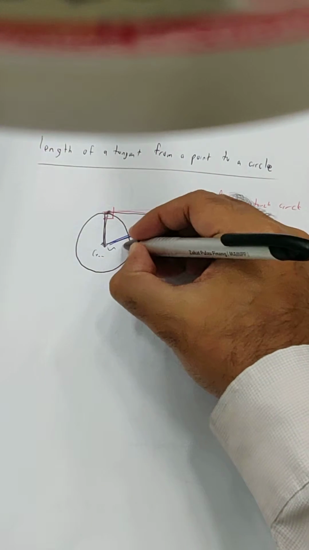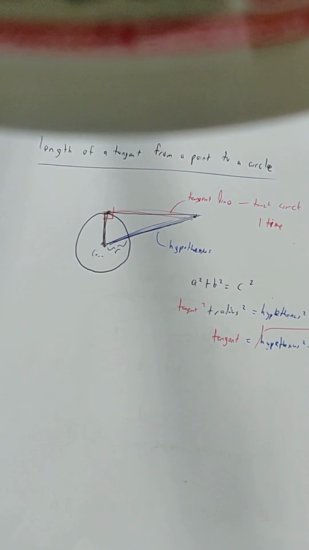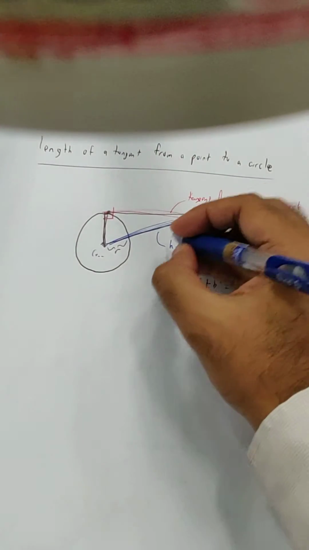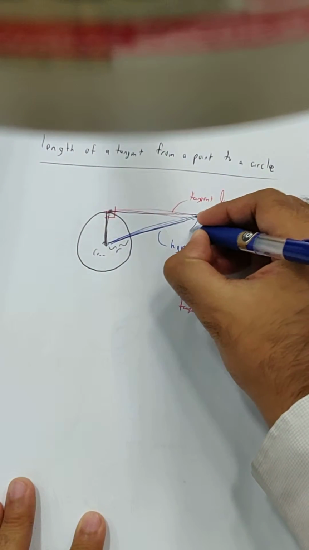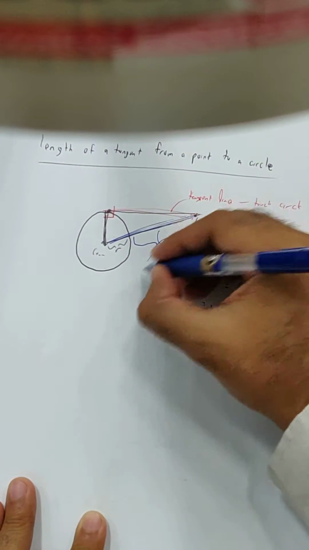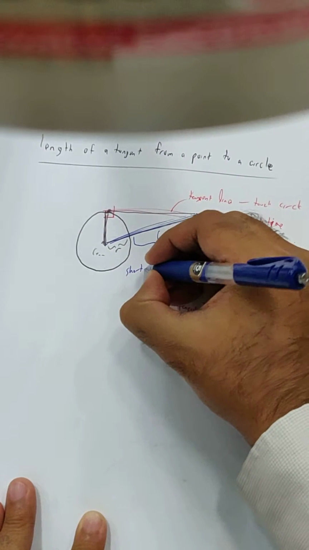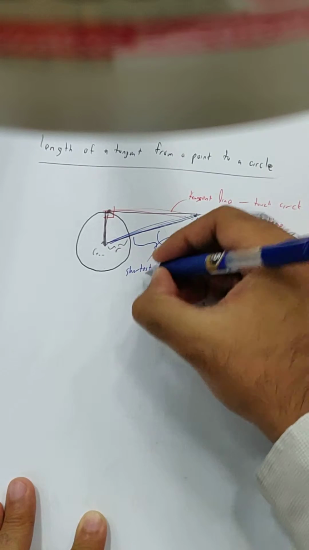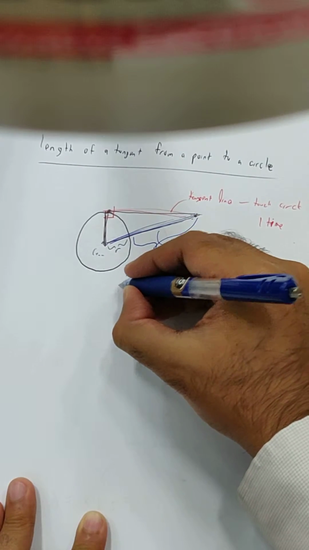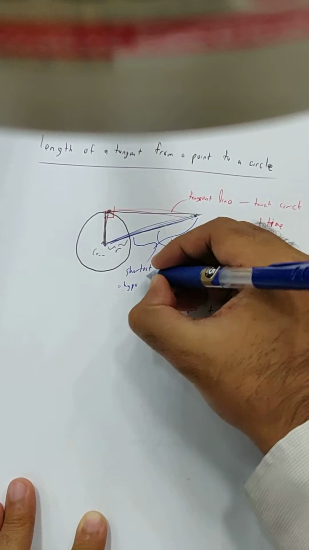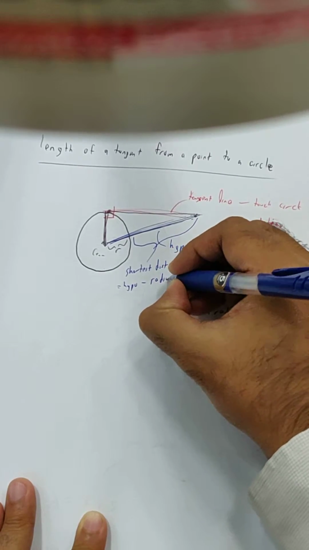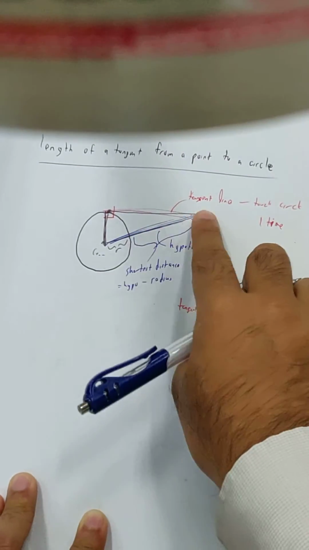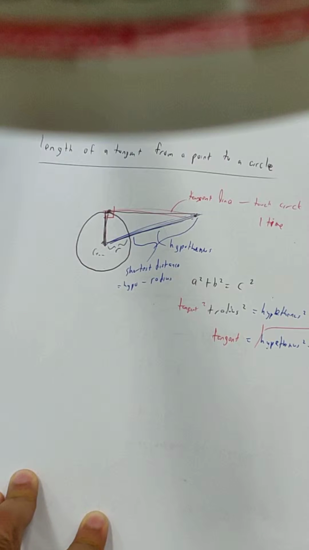If I say this is my radius, the shortest distance is this one. Get the concept, get the idea. Hypotenuse minus radius. Can you see them? That's your shortest distance.